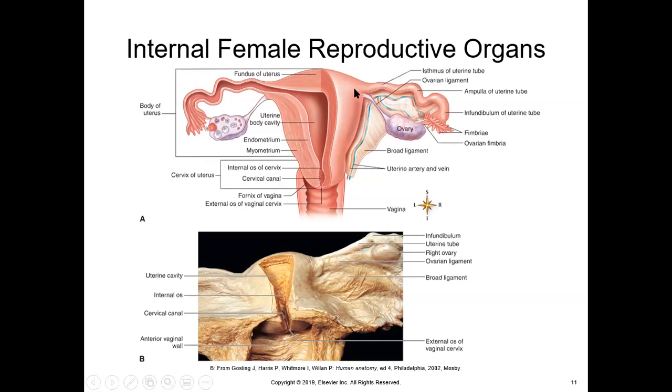And if it has not been fertilized by the time it gets here, then the process starts to slough off. The egg is not implanted and it sloughs off. And the sloughing is the blood that you see that goes through the cervix, goes through the vagina and out. And that's the menstrual flow.